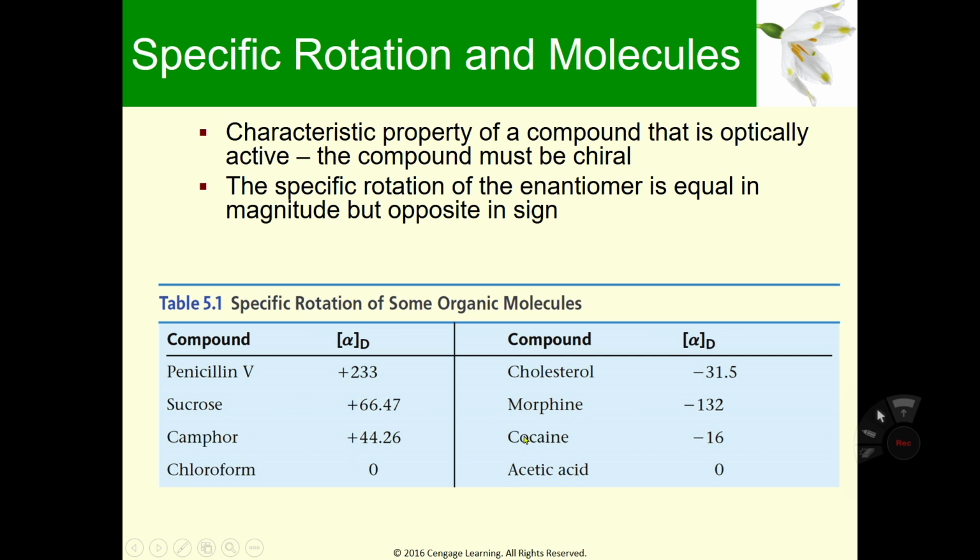Chloroform and acetic acid are very simple organic molecules. As you see here, most of the compounds in living matter or biological samples have alpha D values.